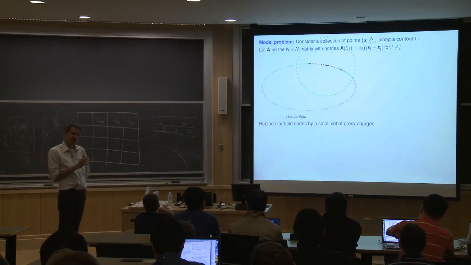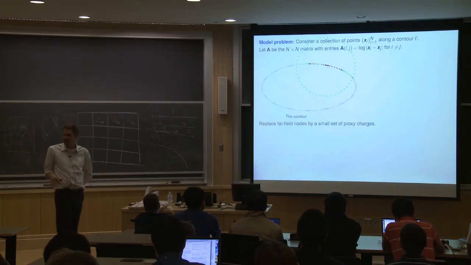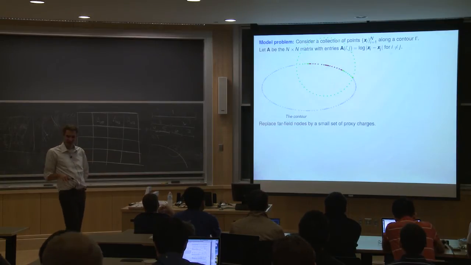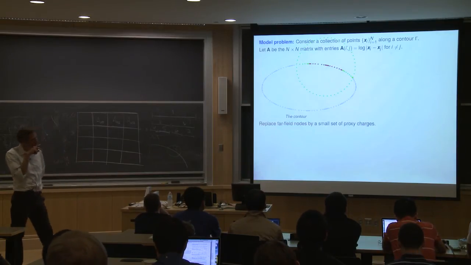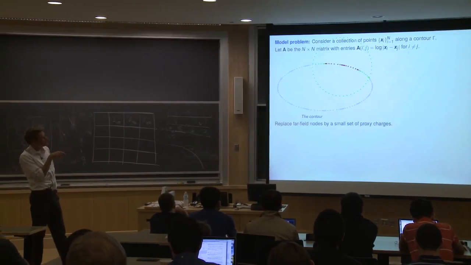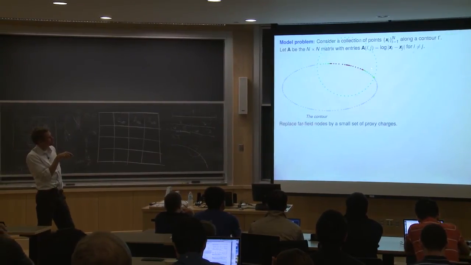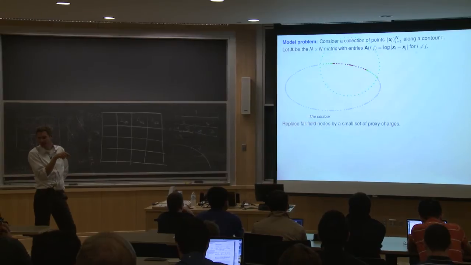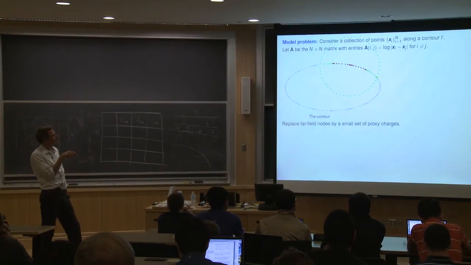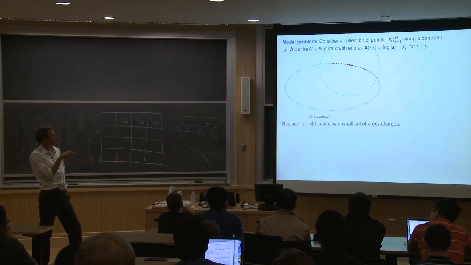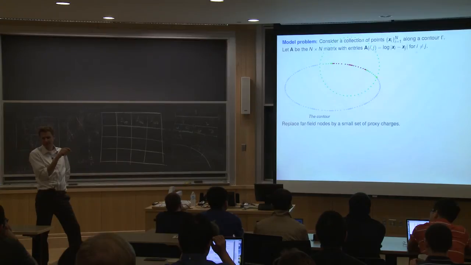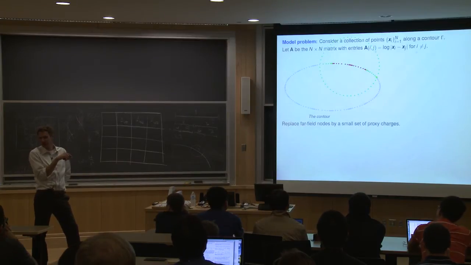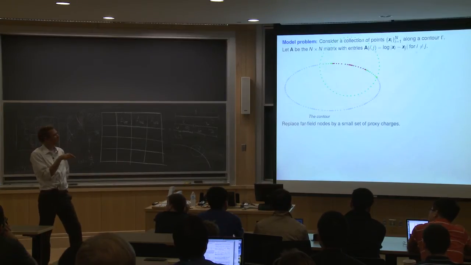I'm only looking at near field points that survive the finer levels compression. So in order to do that, I actually have to, so this is a slight violation of what I just said. But in order to process this box, it's not enough to have only processed its children. I also have to have processed its siblings. So this is something you have to think about a little bit if you have non-uniform trees.